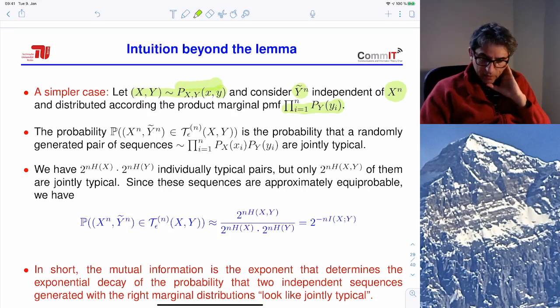The probability that two marginally typical but independent sequences are in the joint typical set, goes exponentially to 0, and the exponent is precisely the mutual information.